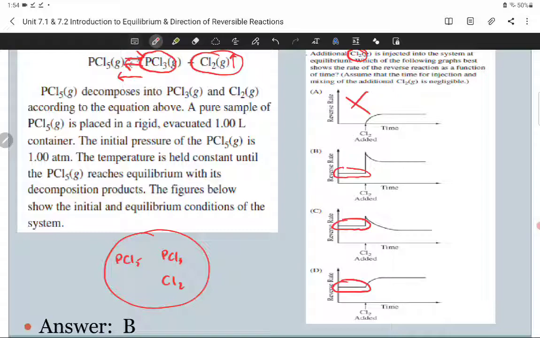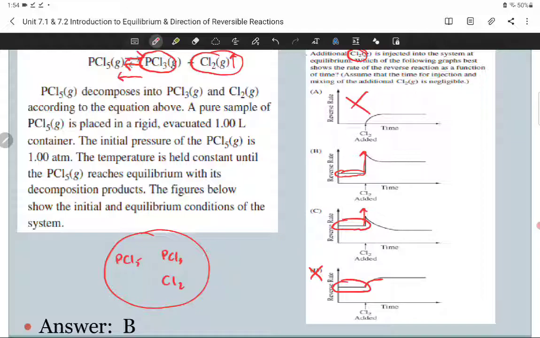Well, if you're adding Cl2, you would just dump it in. If you dumped it in, it gets put in very, very quickly, not this over time. So we've eliminated those two. We're down to now B and C.